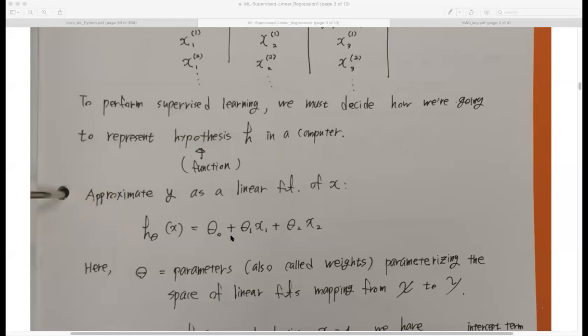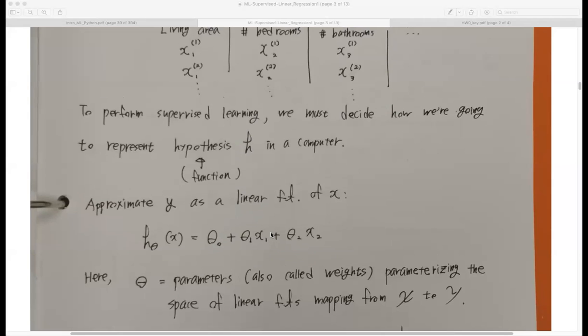All right, so now we approximate y, which is the target variable, as a linear function of x. We construct the hypothesis h as a linear function: theta 0 plus theta 1 x1 plus theta 2 x2.